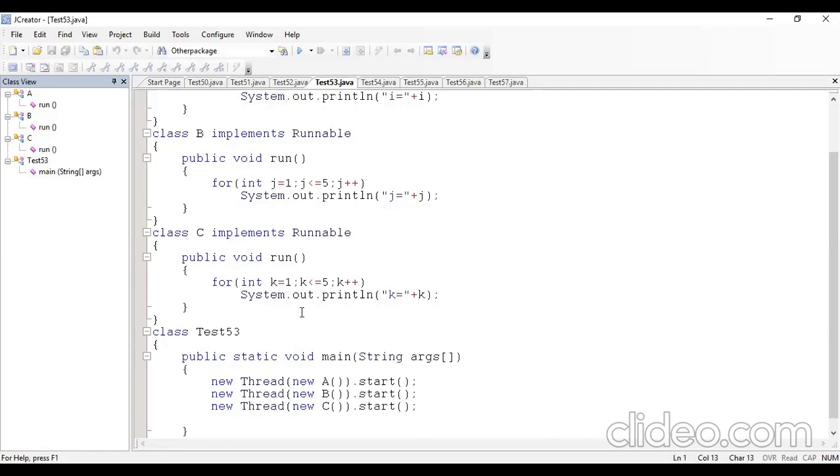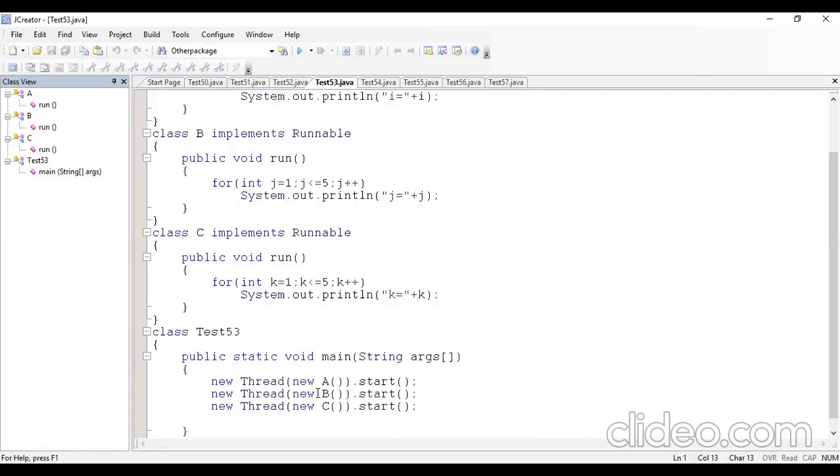You have to create a thread object again, just by calling new Thread. Try to understand. New Thread is basically used to create a thread object, right? And inside this Thread constructor, we are passing new A.